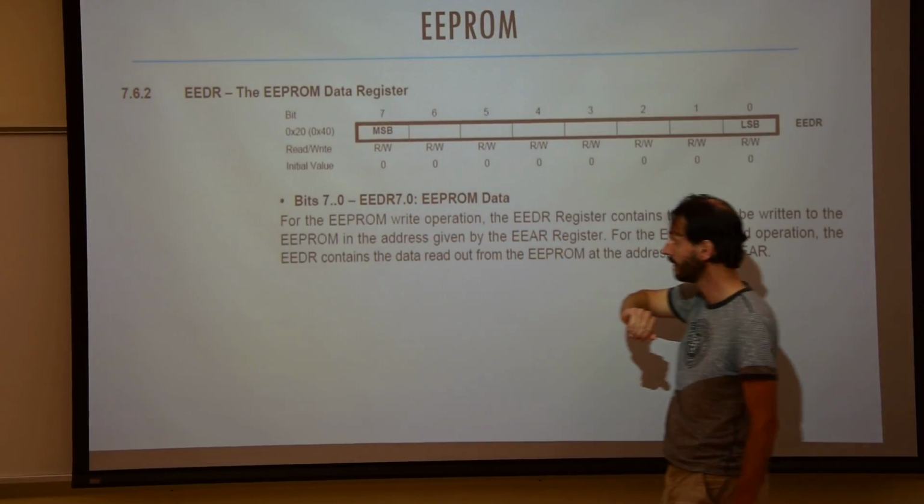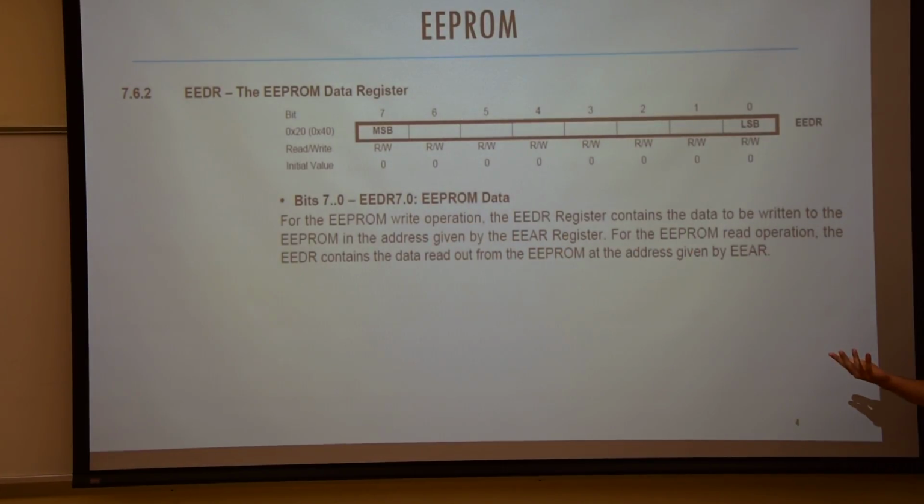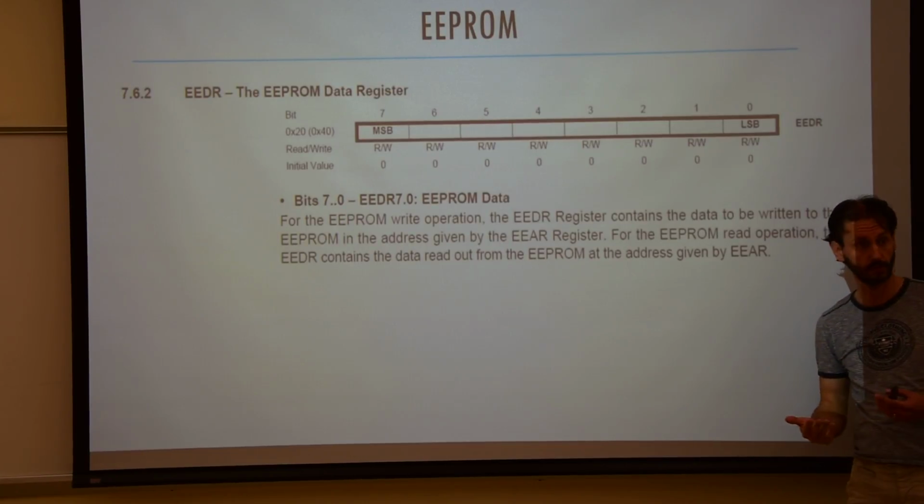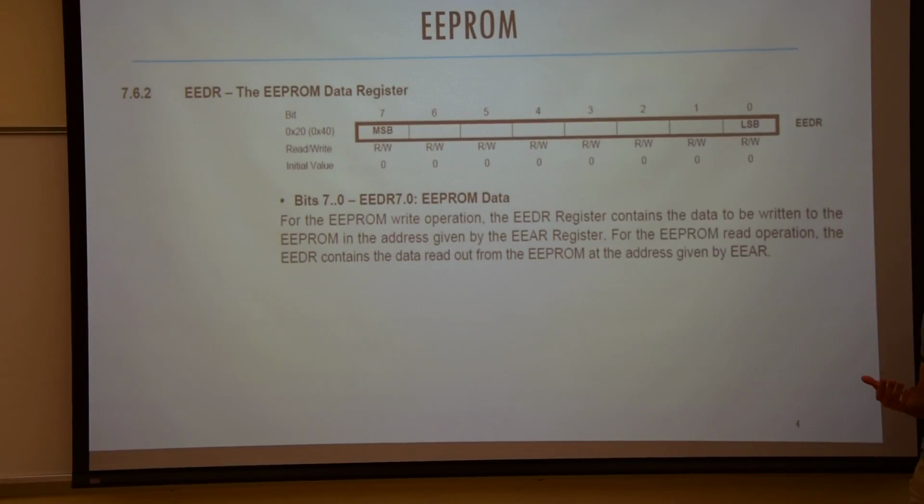But you put your address in here, and then there's a data register from least significant bit to most significant bit, and that register is really used similar to when we talked about the UART. You have a register that can be used in 2 ways. You can write to it, and then the UART will transmit that, or you can read from it, and then the UART connects that register effectively to what you read over the UART channel.